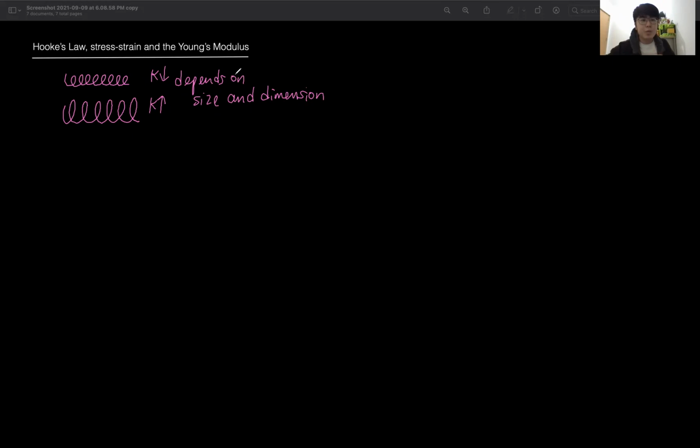But in the industry, we do not use spring constant. We have another stiffness measurement that we call the Young's modulus. What is the difference? Young modulus is also a measure of stiffness. It is almost the same as spring constant, a measurement of stiffness. But Young modulus is the stiffness of a specific material, and it does not depend on size and dimension.